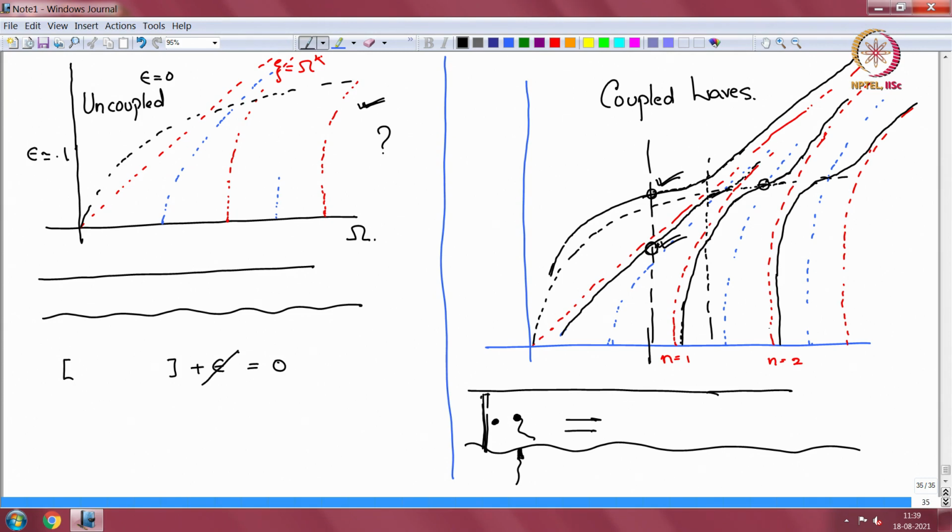Or let us say if you shift to a higher frequency somewhere here and I draw now a vertical line, then these crossings are the possible waves that could exist in your system. And again, if you put a pressure sensor or an accelerometer somewhere, you will pick up these 3 waves. In either of the mediums, you will pick up these waves.